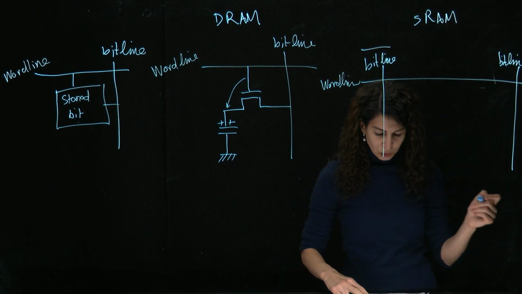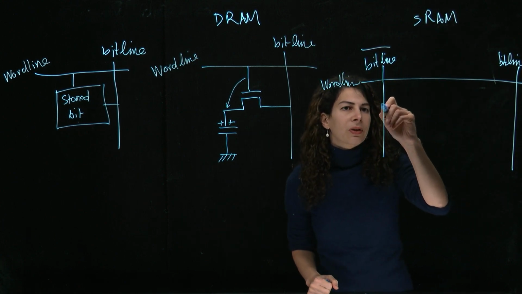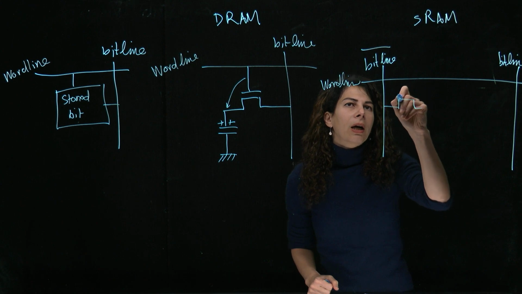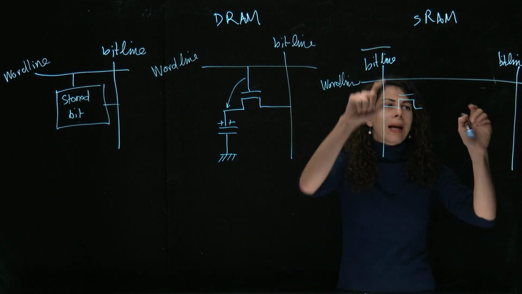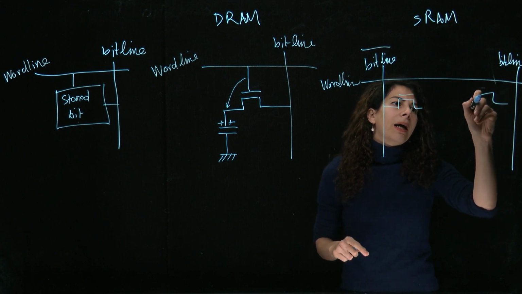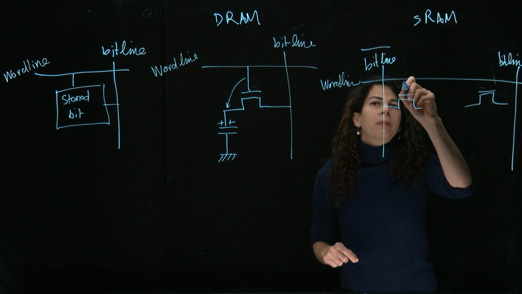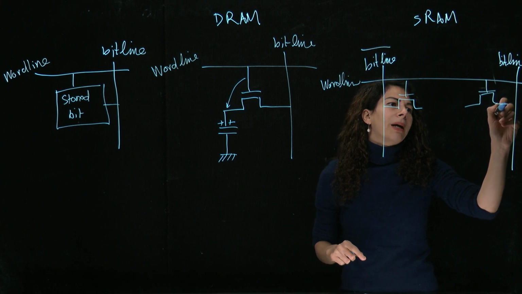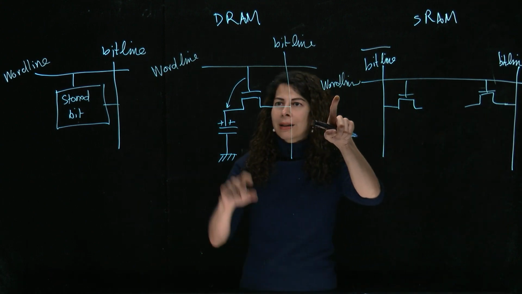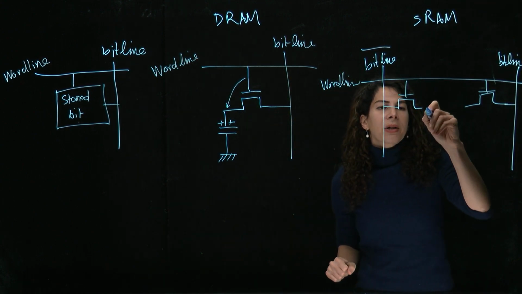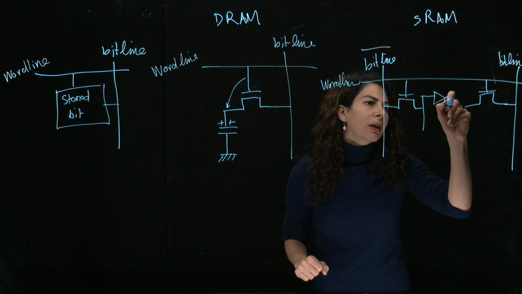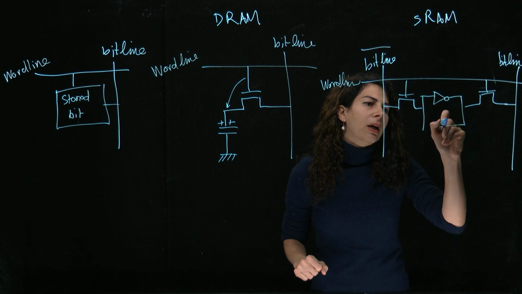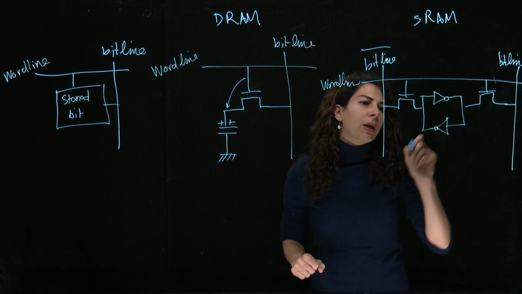If we look into the structure of an SRAM, instead of just one bit line, we have both the bit line and the inverse of the bit line. These two are controlled by a switch that is connected to the word line, similar to this case. But here, the main element that stores the value of the memory is a connection of two back-to-back inverters.